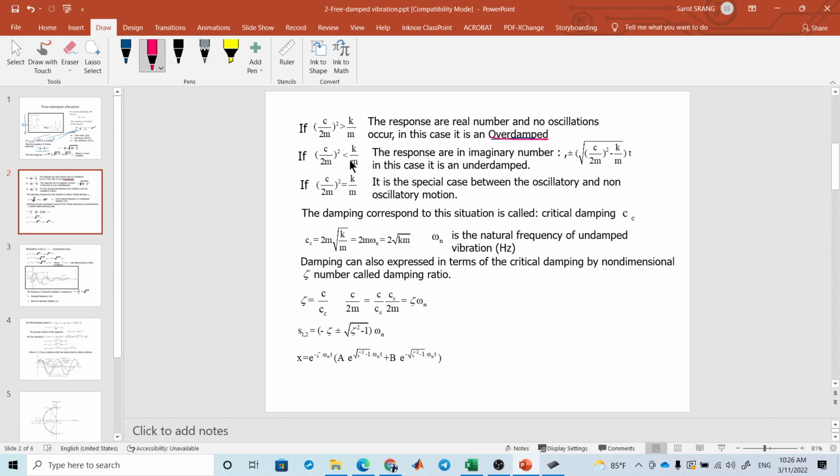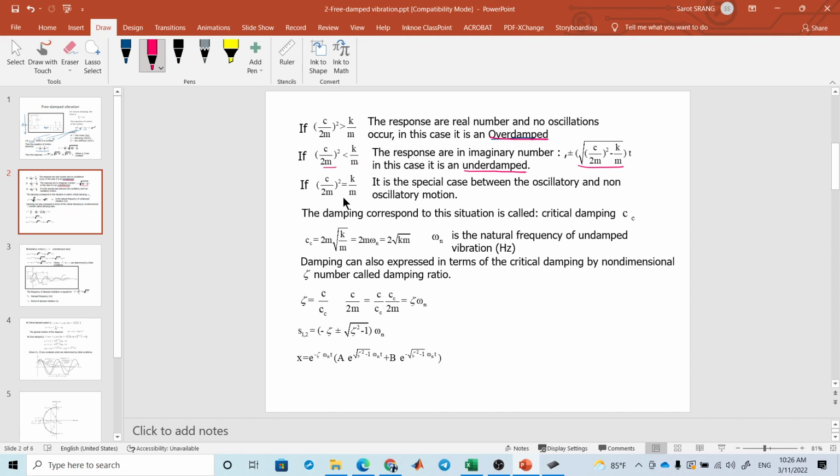If delta is negative, which means this term is less than this term, the response has a complex number part, and this case is called underdamped.